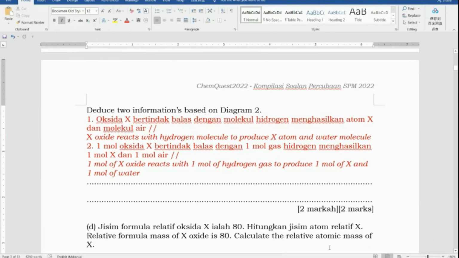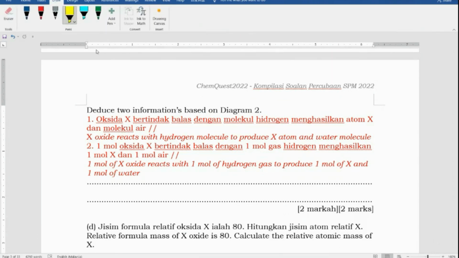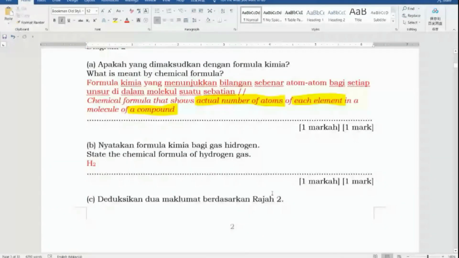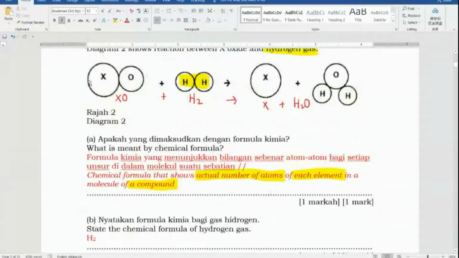Relative formula mass of X oxide is 80. Calculate the relative atomic mass of X. Now, given to you, so you have to be careful here. X oxide is given to you. What is the formula for X oxide? You can see the diagrams here. So what is the formula?